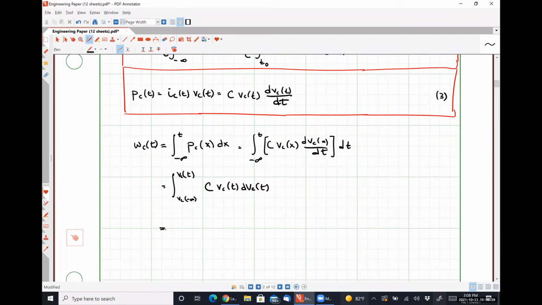And if we take the voltage at time t equal to -infinity to be 0 volts, this reduces to 1/2 C times the voltage squared. So here we have relationship number 4.